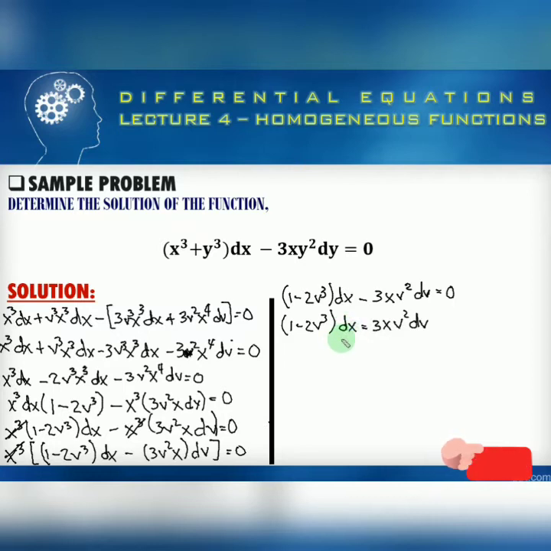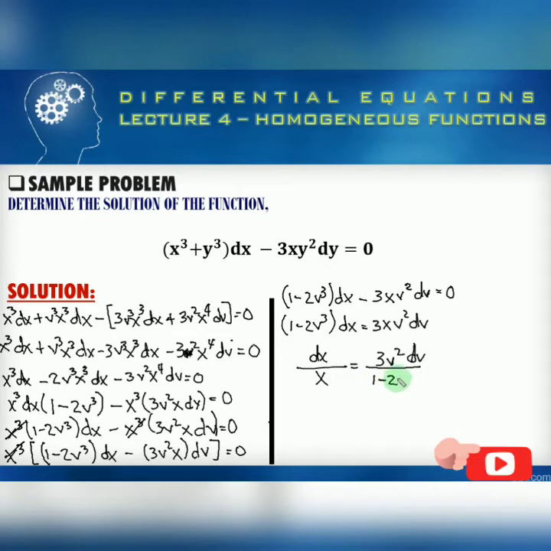So in terms of x, this would become dx over this x is equal also to, since we already have this x here, 3b squared db over this 1 minus 2b squared.